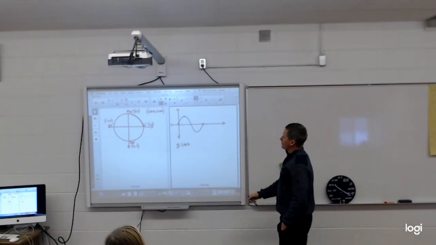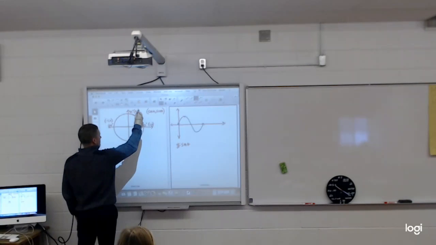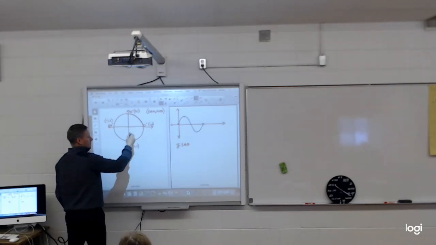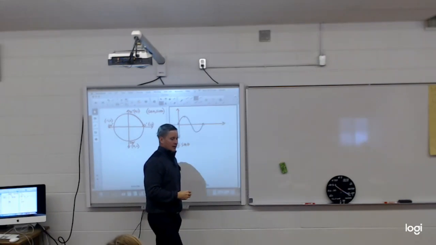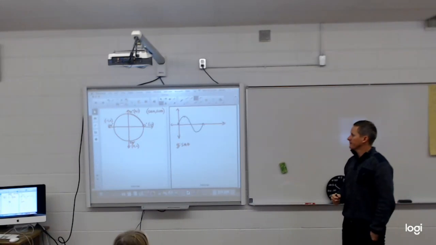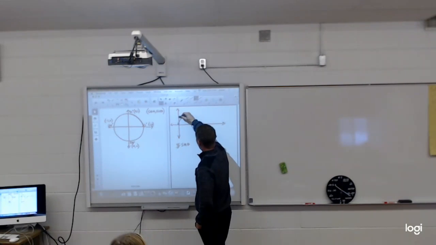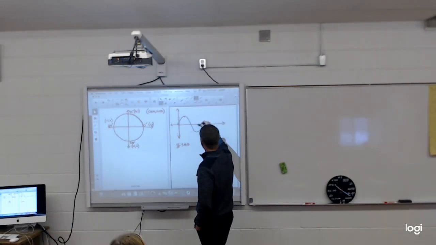So all of these 5 key coordinates come from the y values of those coordinates. The cos comes from the x value of those coordinates. So where does the cos graph start? It starts at 1. Then goes to 0. Then negative 1. Back to 0. And back up to 1.